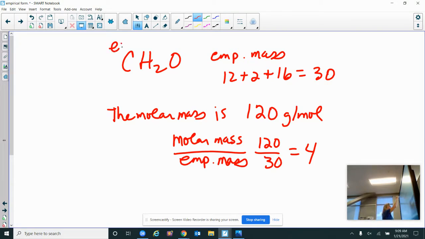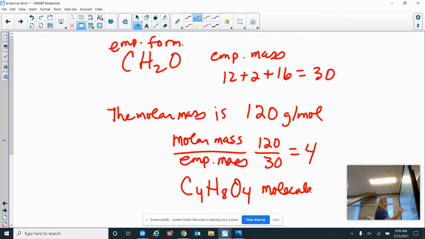This was the empirical formula that I just made up like you would get it in a problem. And so we multiply that by 4. So we would get C4H8O4 as the molecular formula. The molecular formula has to be a multiple of the empirical formula.